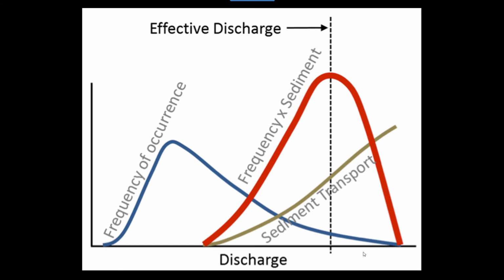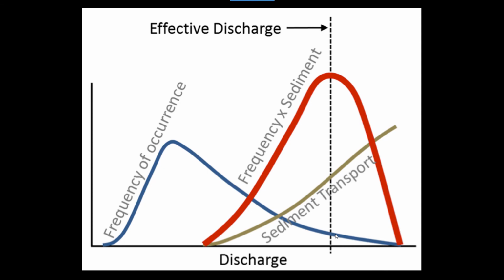The product of the frequency times the load is the variable that we'll look at. You plot that and you pick the largest product of frequency and load, and that is your effective discharge. That is the flow that moves the most sediment.